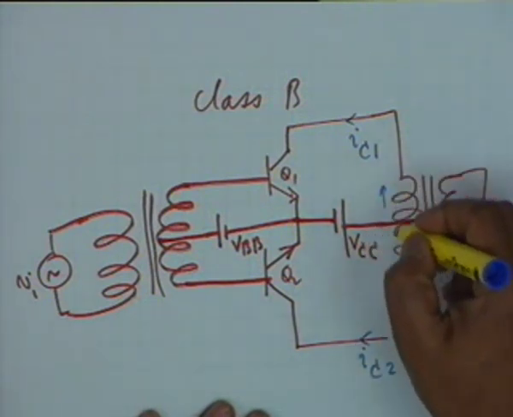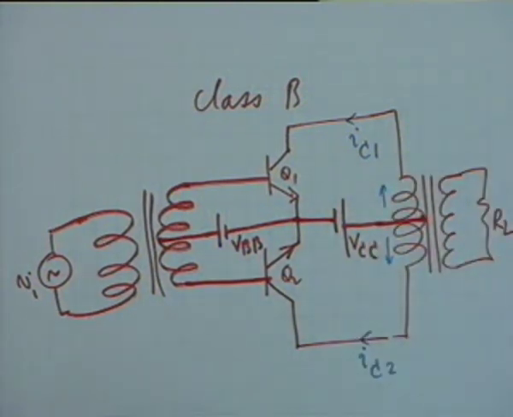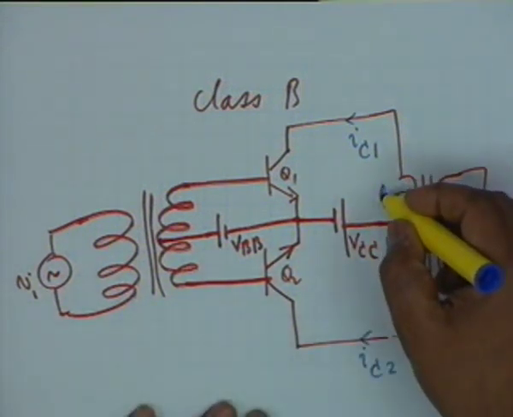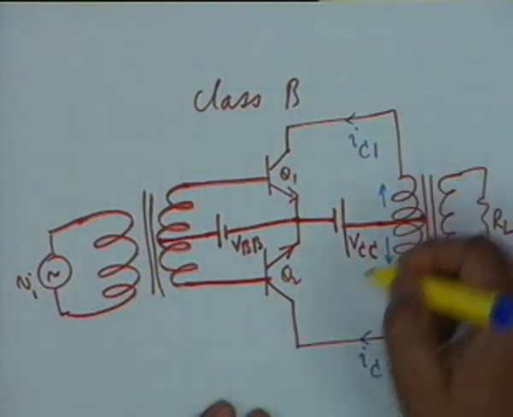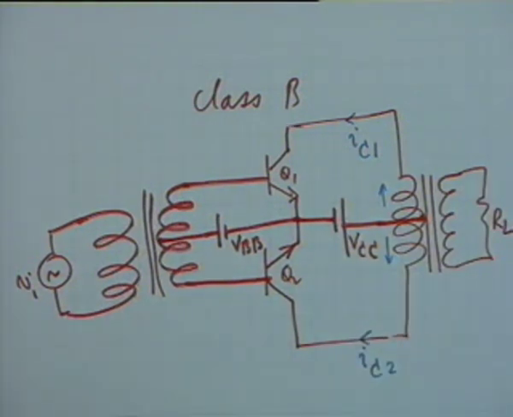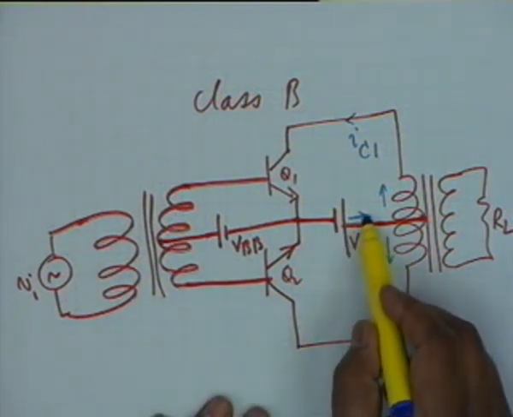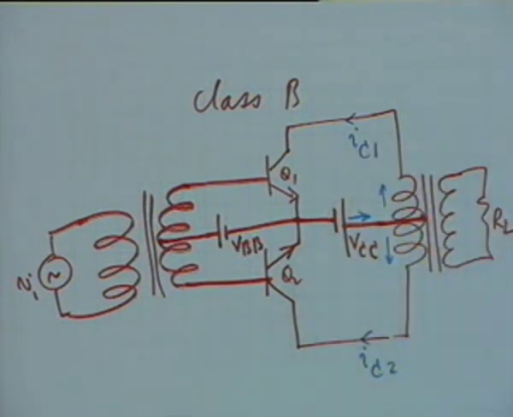So I sub C1 and I sub C2 flow in opposite directions in the transformer. That means if one tries to create a flux in the positive direction, the other tries to create a flux in the negative direction. Is that clear? And by KCL the battery has to deliver I sub C1 plus I sub C2.